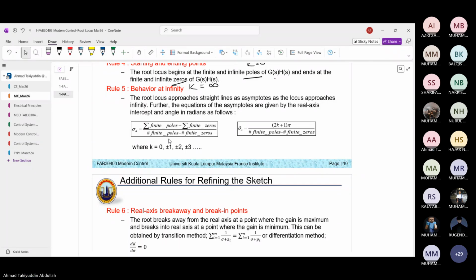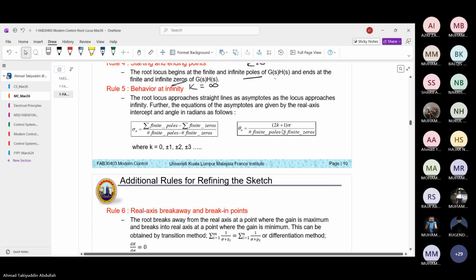Guys? I need to know your response. Guys, your opinion on my question. If we use k equal to plus 1, is it going to be the same as when we use k equal to minus 1? Guys?